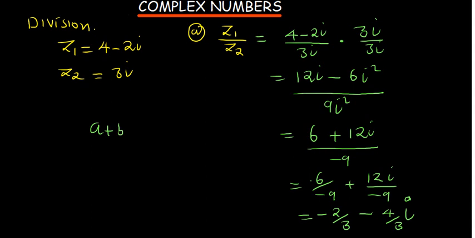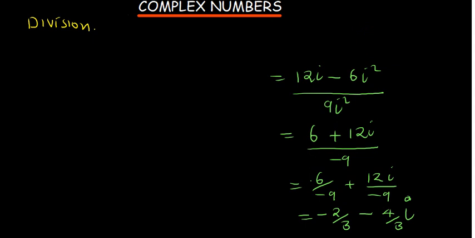In this case, we've written the answer in the form a plus bi, where we've got a as negative 2 over 3, and b as negative 4 over 3. So that is how you work it out when the one in the denominator doesn't have the real part, just the imaginary part.